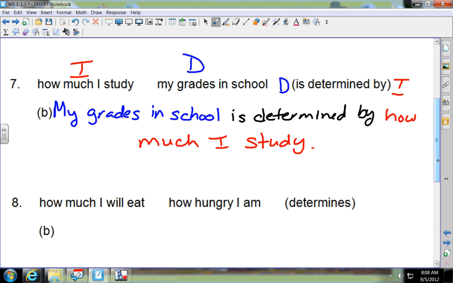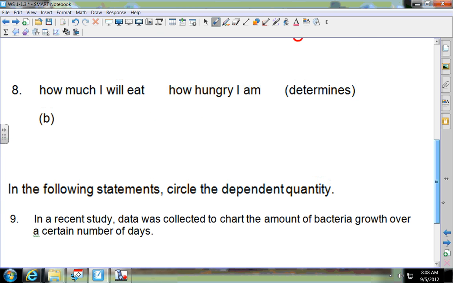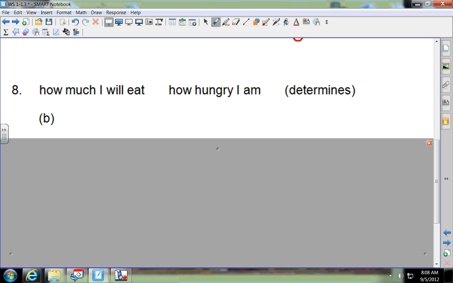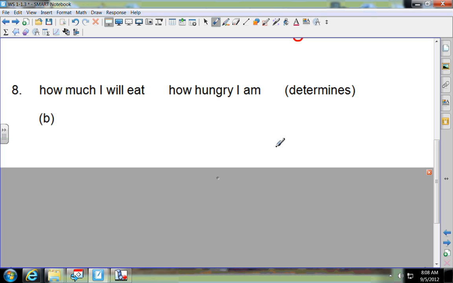The next one, how much I eat and how hungry I am. The independent is going to be how hungry I am, because if I'm not very hungry, I'm not going to eat very much. Remember, I told you this was the special one.